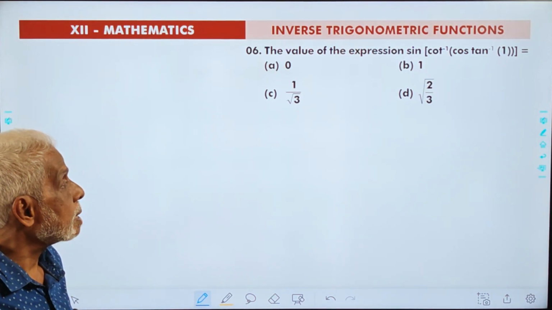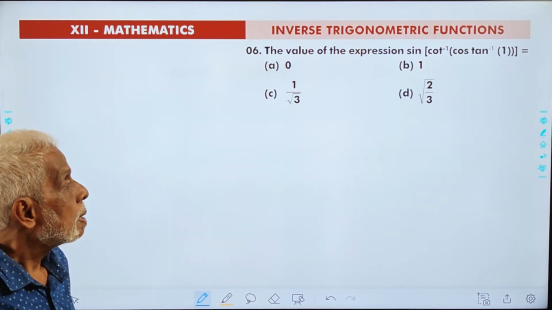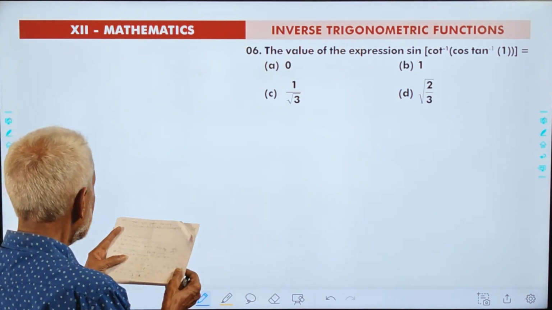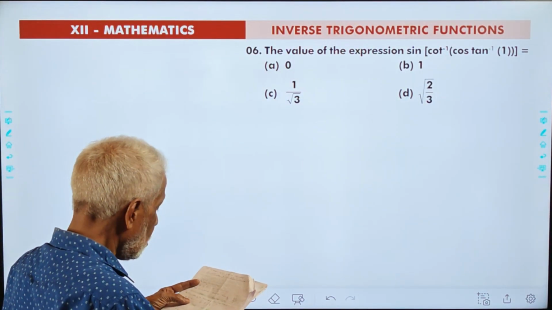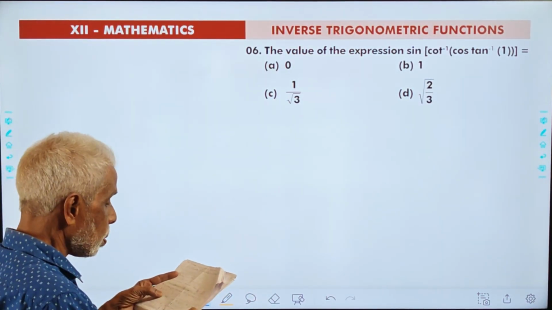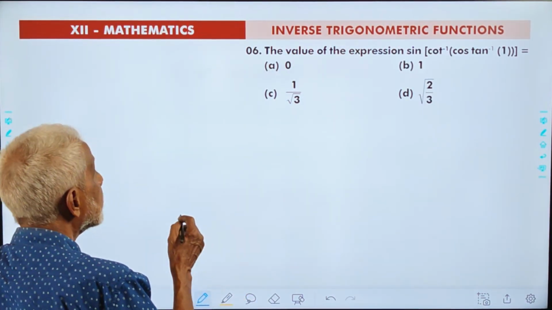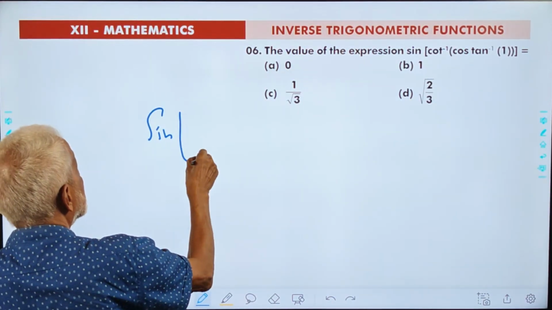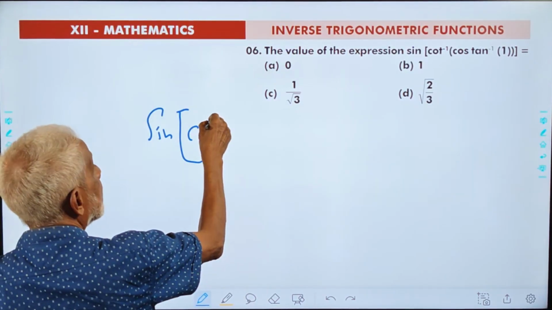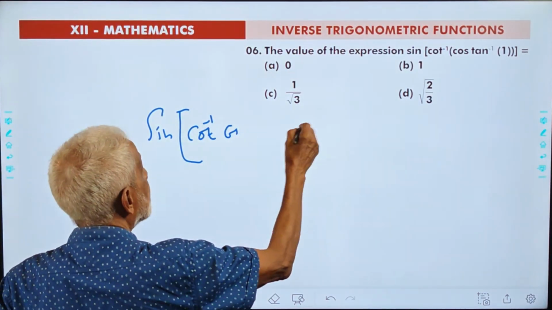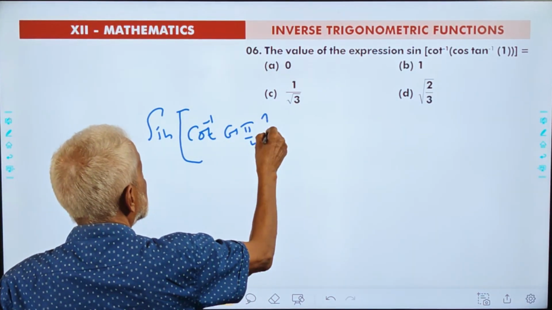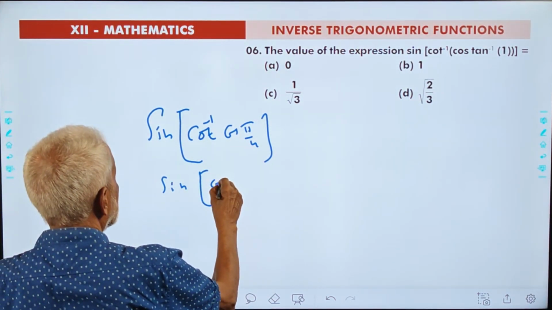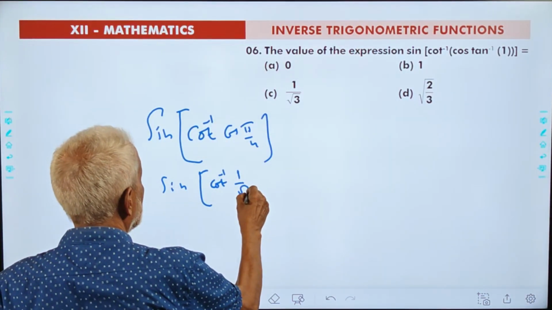The value of the expression sin of cot inverse cos tan inverse 1. Tan inverse 1 is pi by 4. That is sin of cot inverse cos pi by 4, and cos pi by 4 is 1 by root 2.